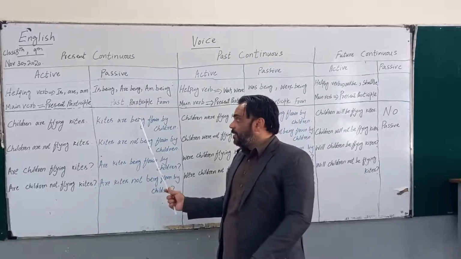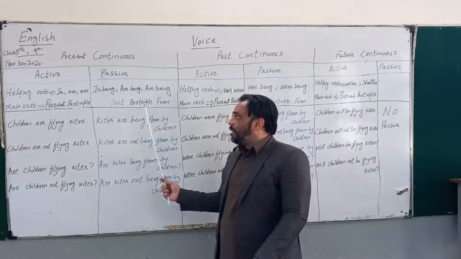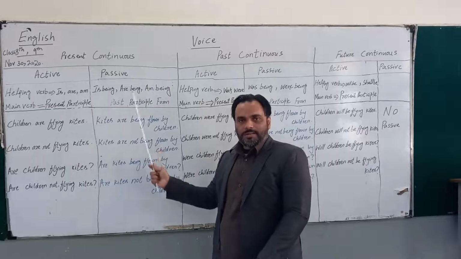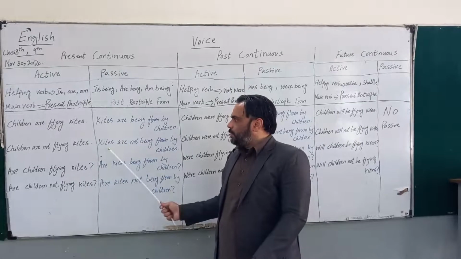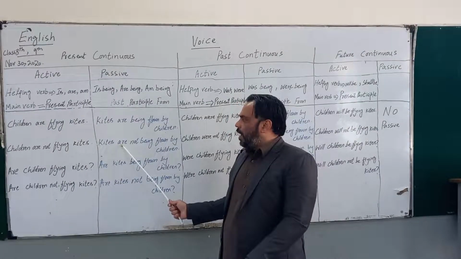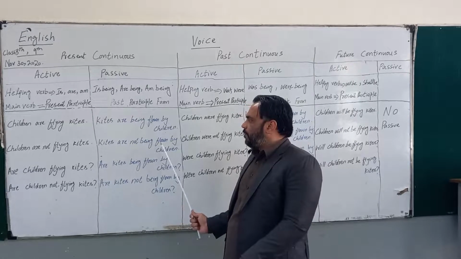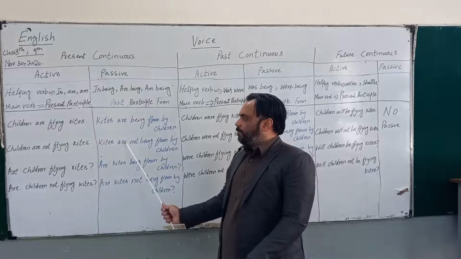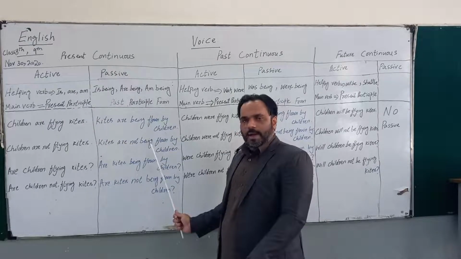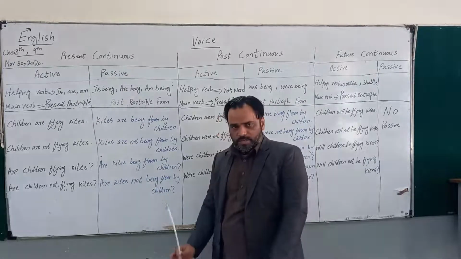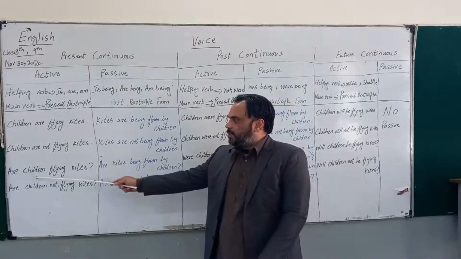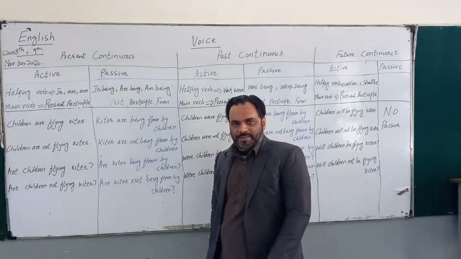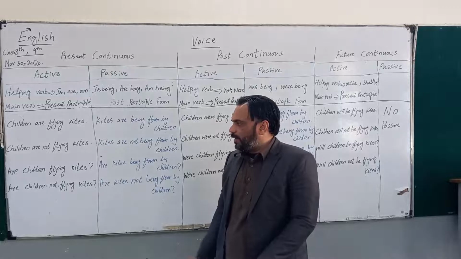If you add the word being, it becomes the passive voice of present continuous tense. So kites are not being flown by children. Here not will come between are and being. I hope it's clear.